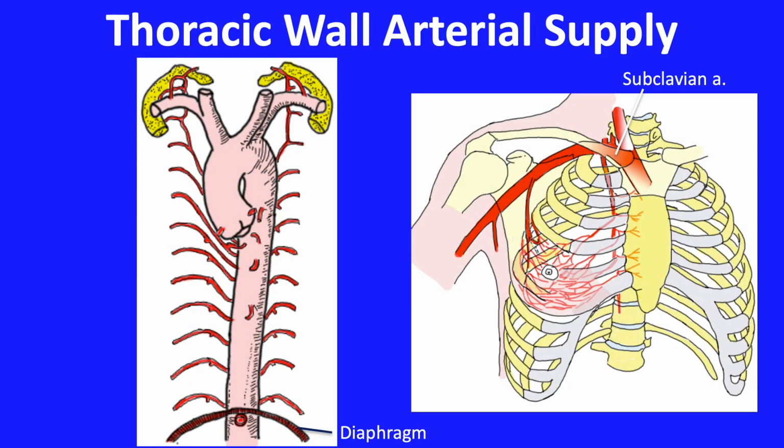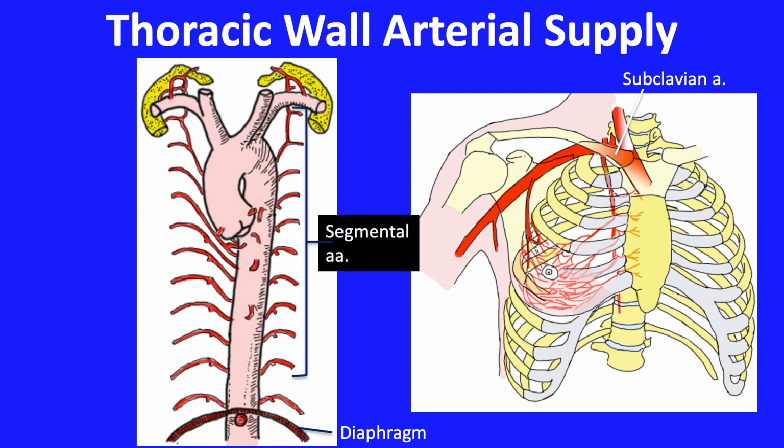The last topic to discuss of the thoracic wall is its blood supply, and one word defines it: segmental. On the left, I show a drawing of the thoracic aorta. Note how from the back, small segmental vessels leave the aorta. These arteries will ultimately enter between two muscle layers.